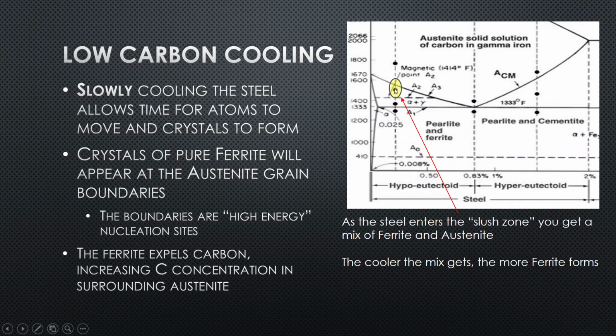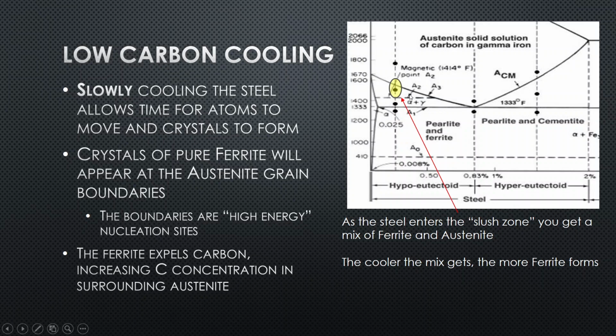But what you can think of is when the ferrite starts to form, it forms a very pure community, and it doesn't like to have the carbon in it. So as those ferrite crystals get bigger and bigger, they start excluding more and more of the carbon, increasing the concentration in the surrounding environment.